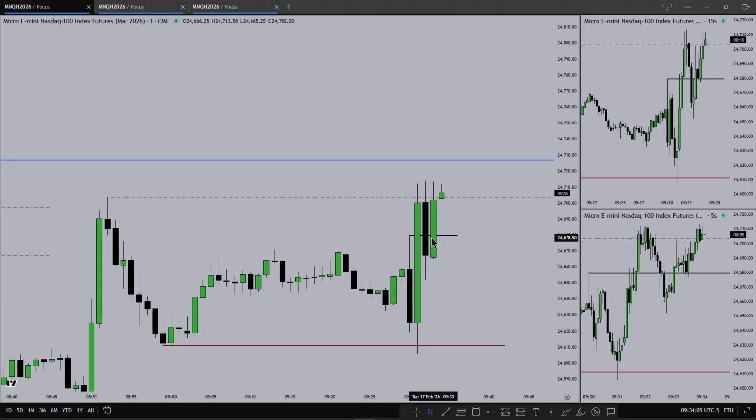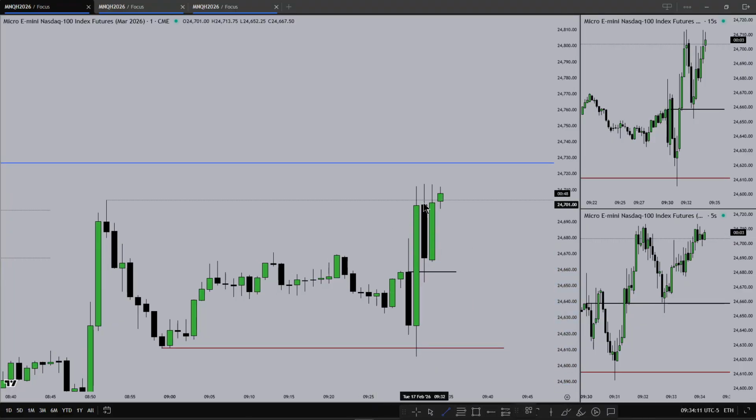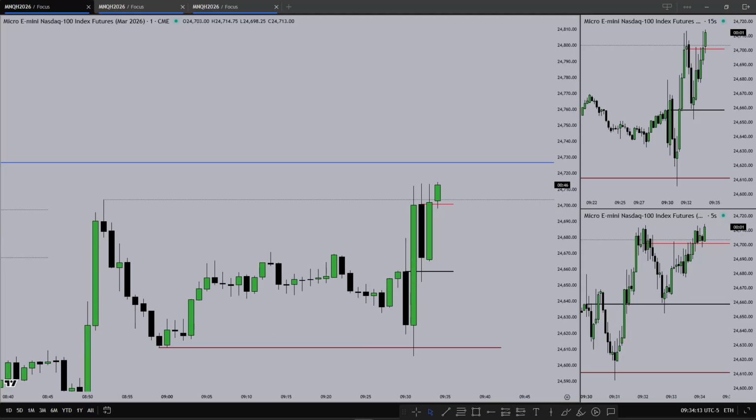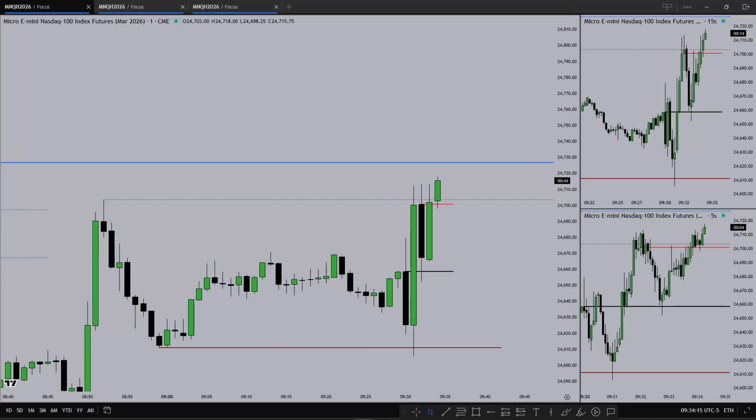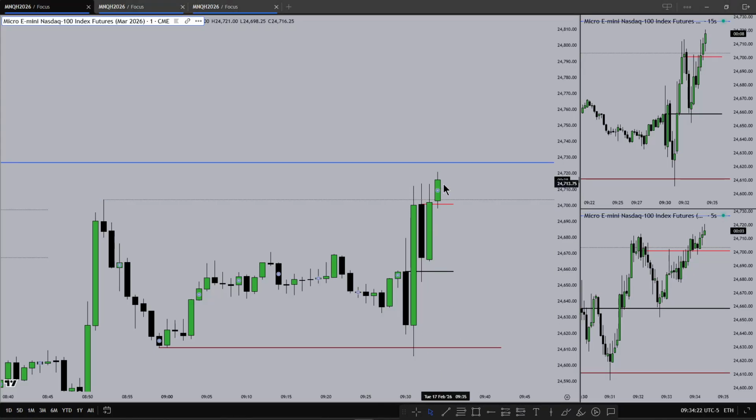See if we use this down close candle now. So now see how we respond to this internal high. You would want speed through that.